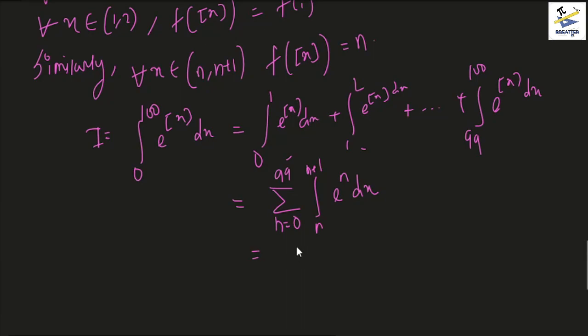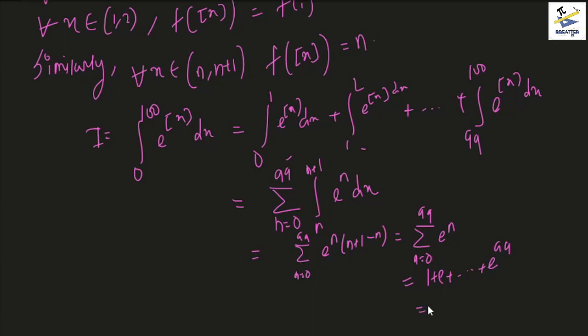So this just gives you the sum for n equals 0 to 99 of e to the power n into n plus 1 minus n, because the integral of dx from n to n plus 1 is just n plus 1 minus n. This gives you the sum for n equals 0 to 99 of e to the power n. This is basically 1 plus e plus all the way up to e to the power 99, which is a geometric series whose answer is e to the power 100 minus 1 by e minus 1, which is the answer to the integral.